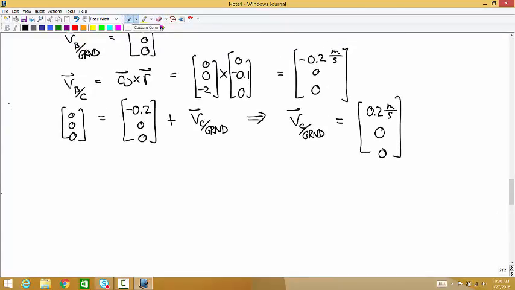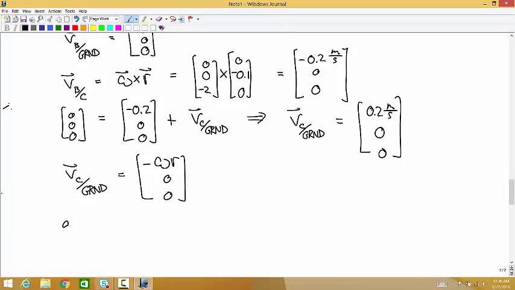Okay, so we know that the velocity of C relative to the ground was equal to negative omega r, 0, 0. So that's what we came up with if we would have kept this all symbolic from the top.